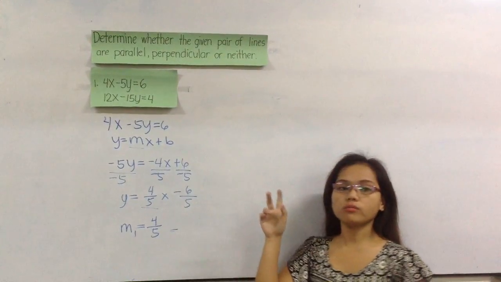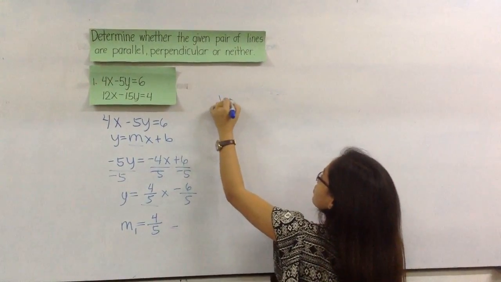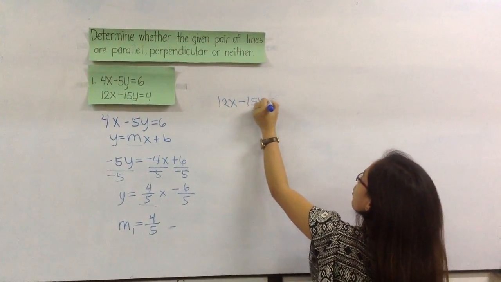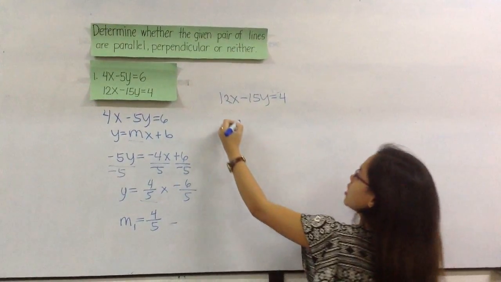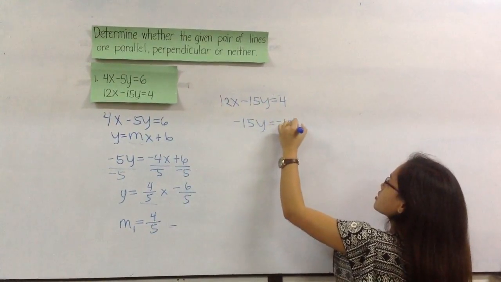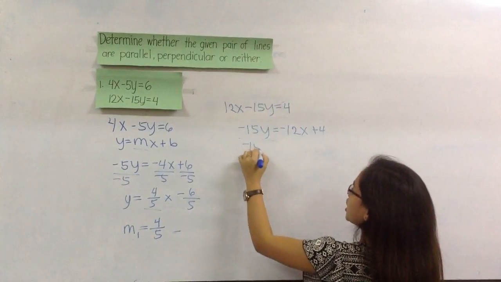Now, let's solve for the slope of the second equation. So 12x minus 15y equals 4. So transpose the 12x to the right side. Negative 15y equals negative 12x plus 4. Divide both sides by negative 15.